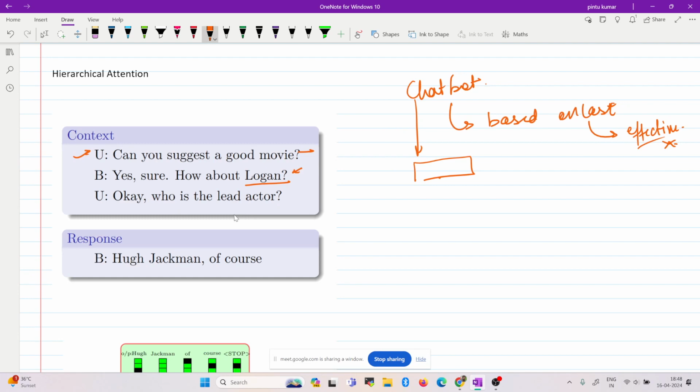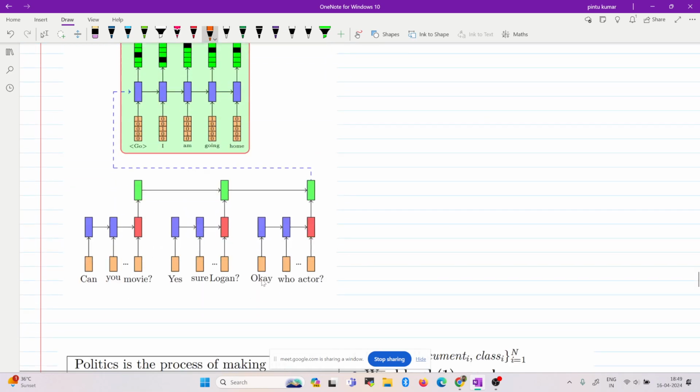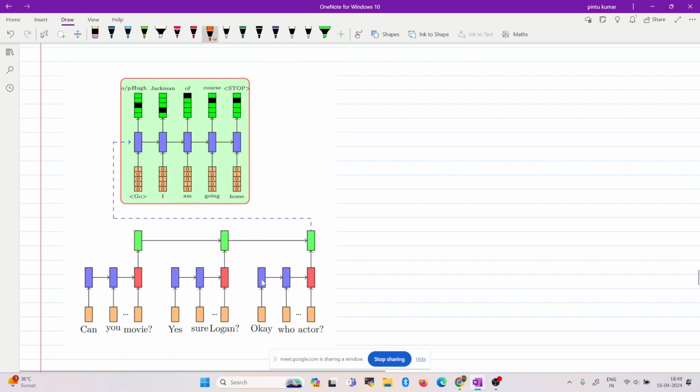Now, if you just look at this sentence, who is the lead actor, if you don't care about the background, this doesn't make any sense. Like, who is the lead actor where? So your bot would get confused and won't be able to answer. But if it has remembered these kinds of things, then it will look back and say, okay, this is about the movie Logan. Then it's Hugh Jackman, of course. Okay. So this is the kind of thing that we are trying to capture.